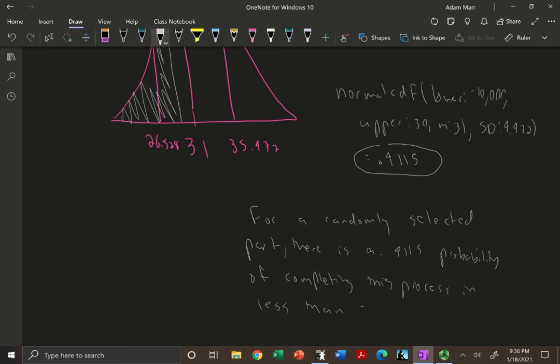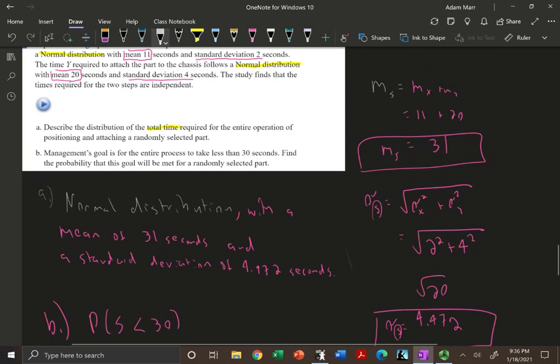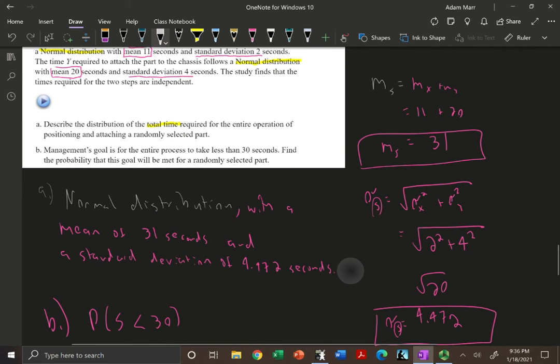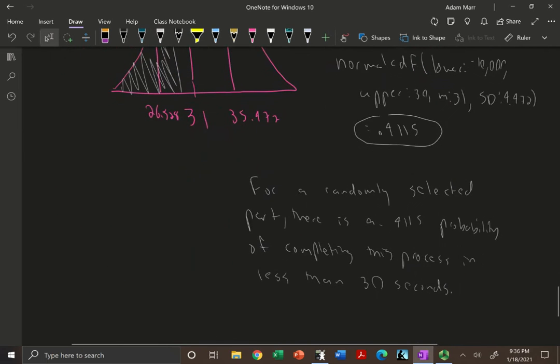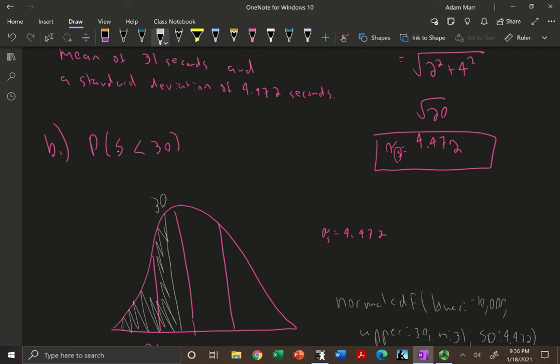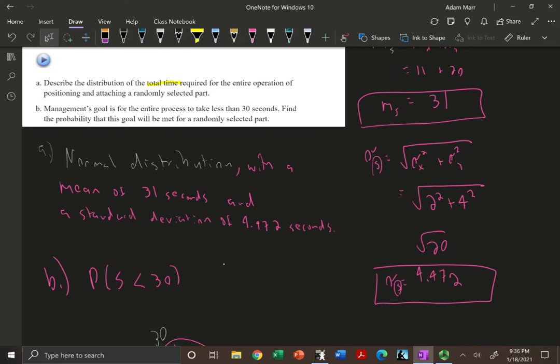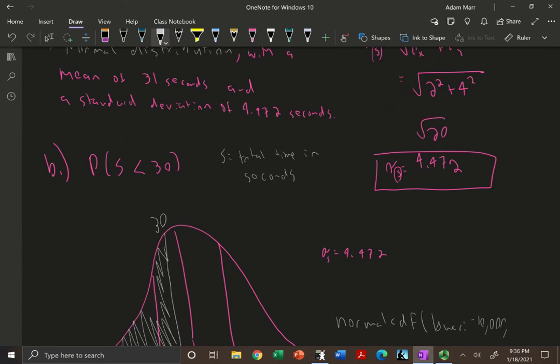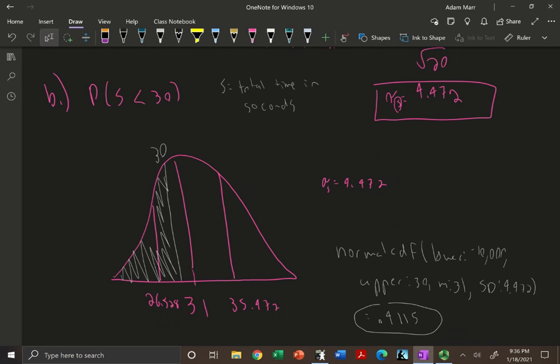Now in this case, did it say to interpret it? It didn't actually say to interpret this, so this part doesn't hurt to write, but if you just say the probability that the sum is less than 30, and you define the sum as the total time in seconds, then it's probably okay, as long as you write this out and do the chart, which you should already do anyway.